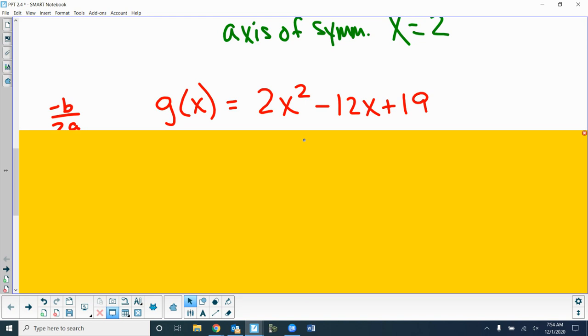State the vertex and axis of symmetry of the graph of the function, and then sketch the graph. All right, so that's part of what you're doing, and that's part of what you'll do for your quiz. And your quiz will say, put it in vertex form, and find the vertex, the axis of symmetry, and sketch the graph.